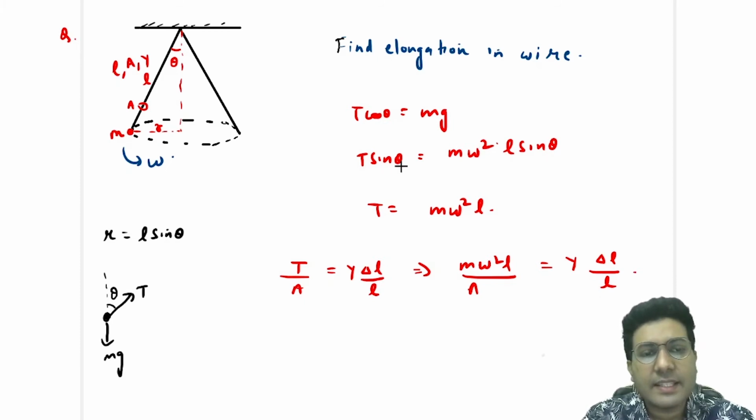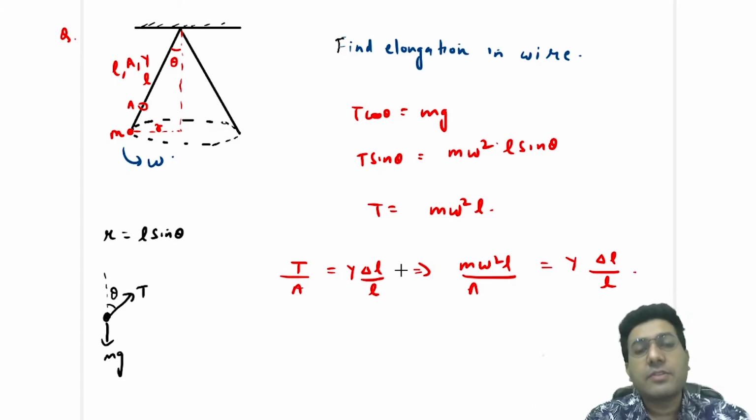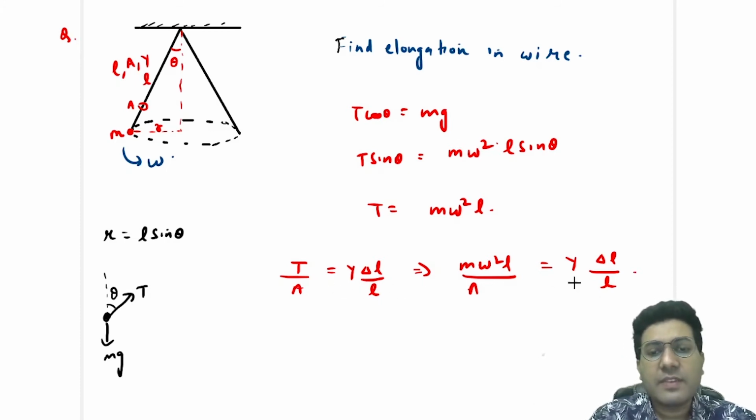So T sin theta is equal to m omega square L sin theta. Sin theta cancels, you will get T is equal to m omega square L. Now once we get the value of tension, you can get the value of stress, and once you get the value of stress, you can get the value of strain using Hooke's law. Stress is equal to Y strain. So from this we will get the value of the elongation in the wire.